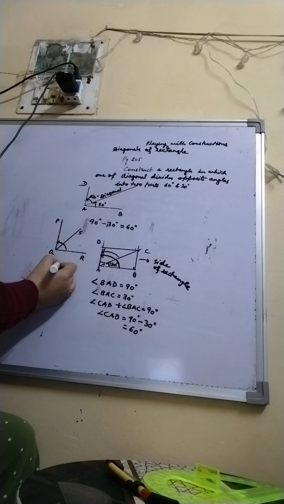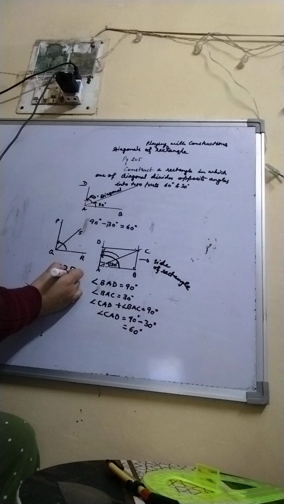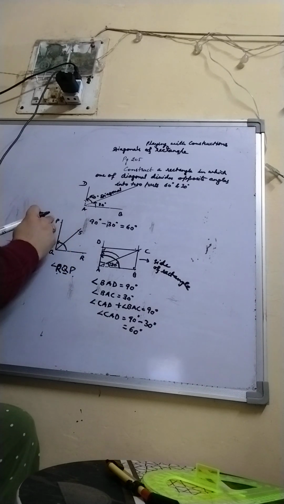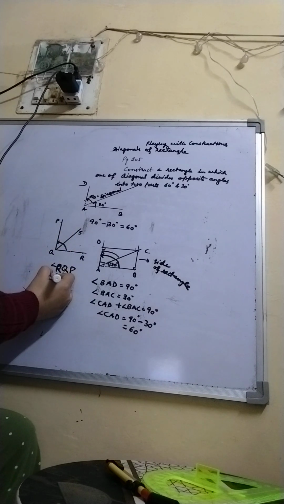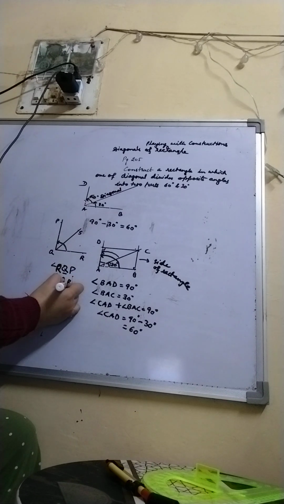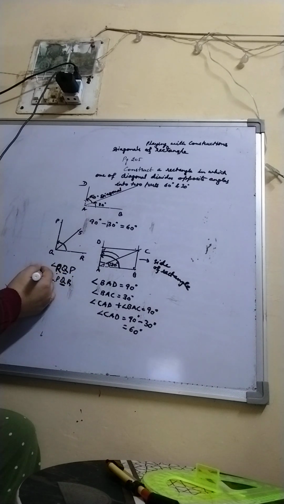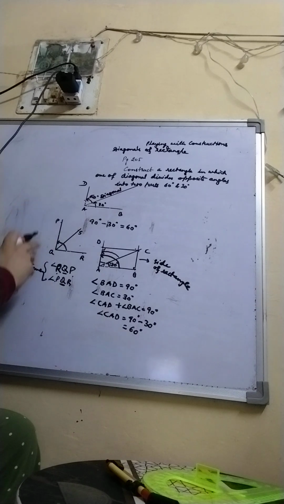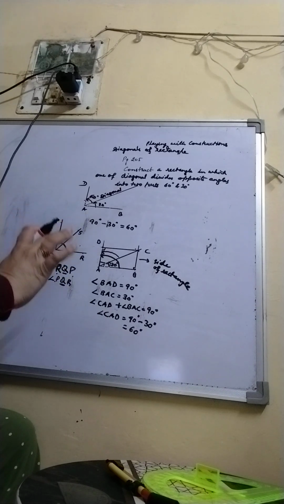So one angle you can write as RQP, where Q is the vertex and R and P are the other ends, or you can write angle PQR. Again Q is the vertex and P and R are the ends. So these both are the same. Whether you write RQP or PQR, it would be the same.